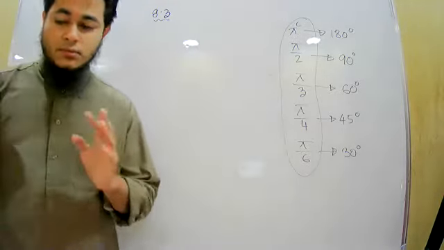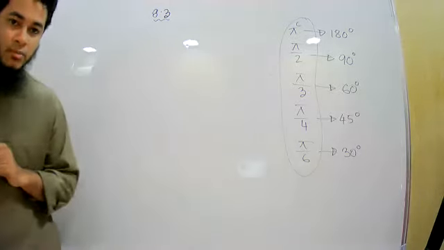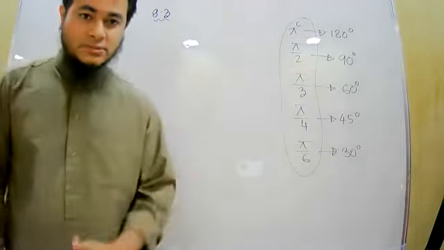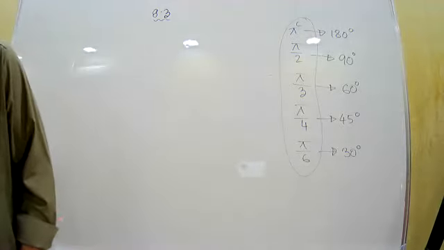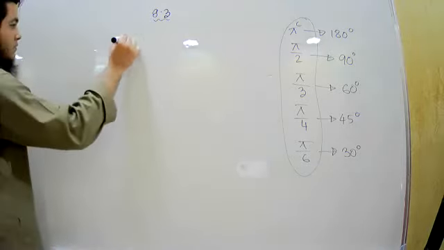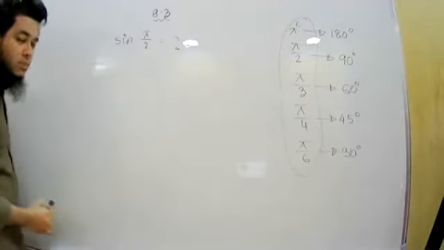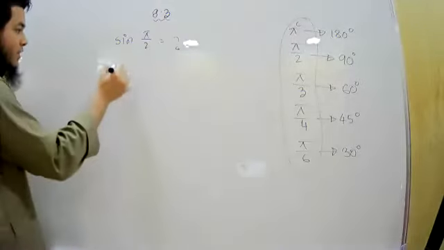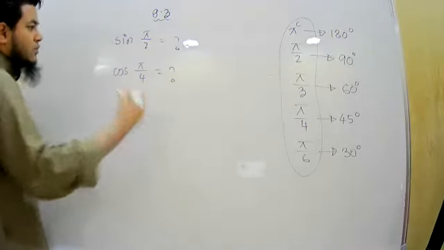Okay, now we are going to study the theory of 8.3. Try to understand the theory properly. That will help you to solve the exercise problems. Okay. So till now we found out what sine pi by 2 is equal to, and we found out cos pi by 4 equal to, we know the values.